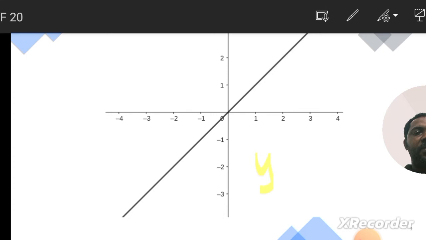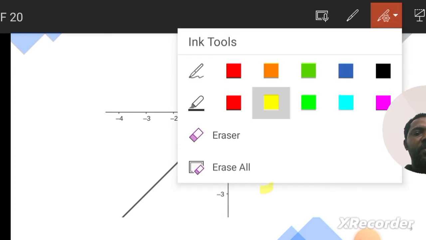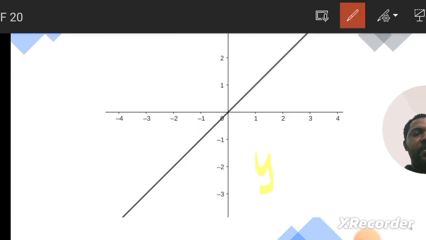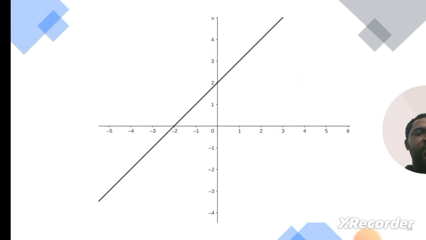Let me change this quickly. Okay, so you have y equal to mx. So that is the value for this graph. Okay, now we move on. That leads us to the next one.